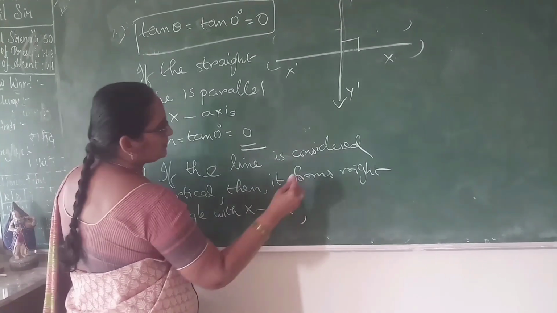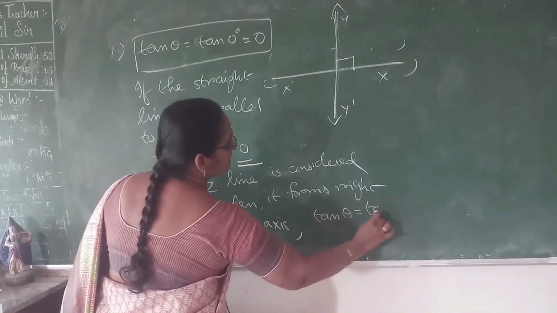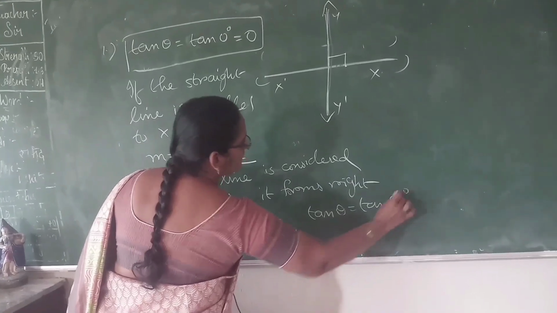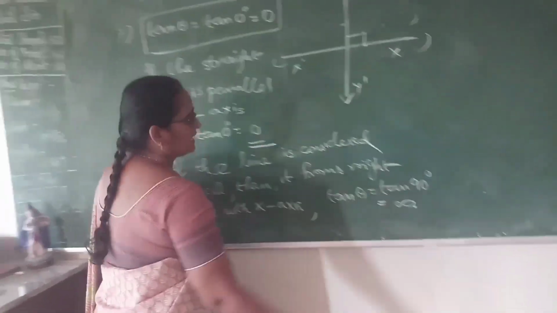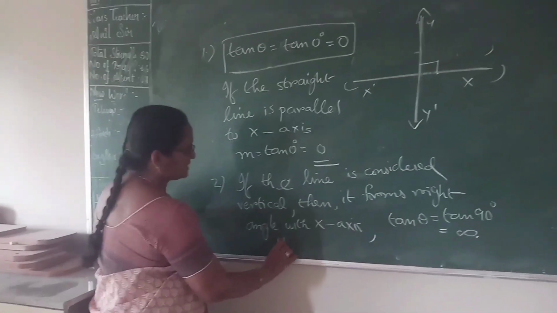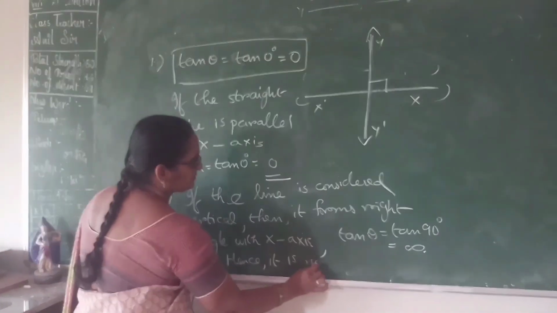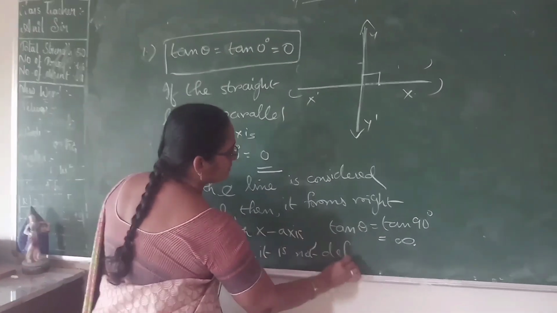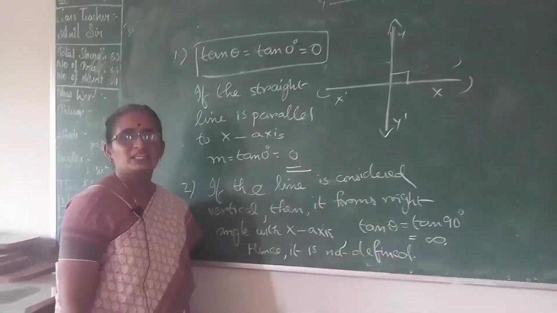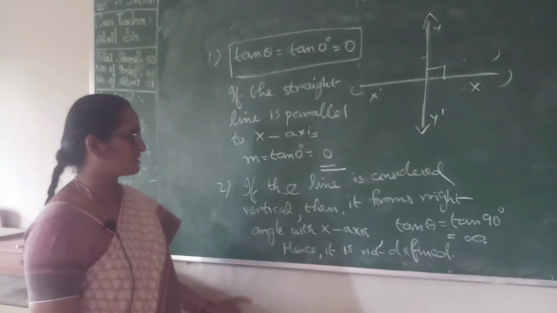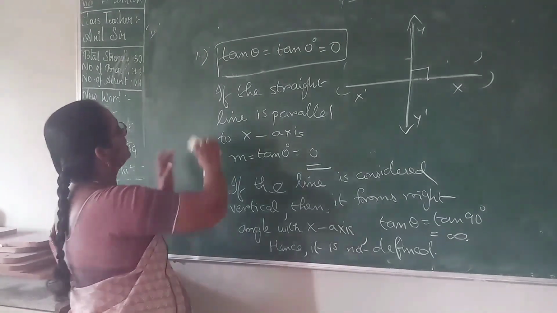So then tan theta is equal to tan 90 degree, and you know the value of tan 90 degree is infinite. Hence, we can say that it is not defined. When we take any line making a right angle with the x-axis, the slope is not defined. Remember these 2 points. Now we will go for the next thing.